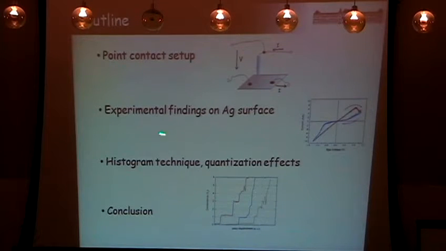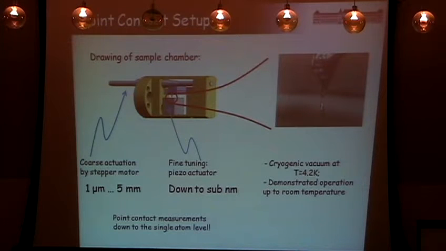Next, I will go to the actual experimental findings for the silver surface. Afterwards, I will jump to quantization effects and histogram techniques, which we will use for defining these experimental IV curves which we found in the previous section. And then last but not least, I will conclude my talk.